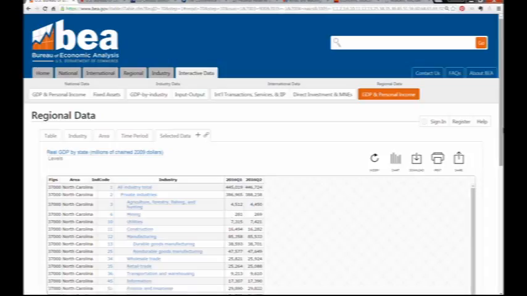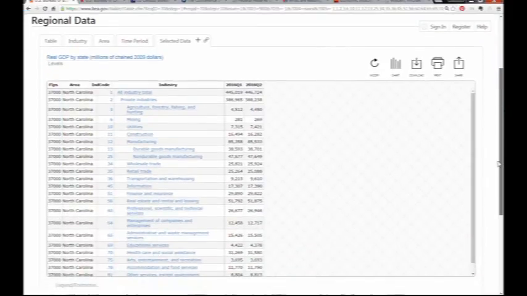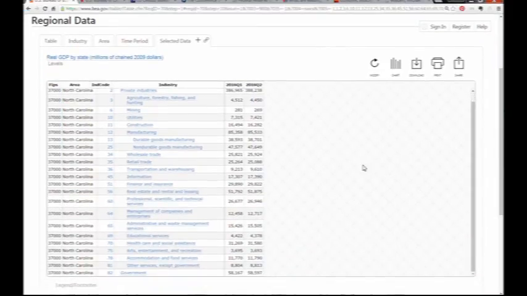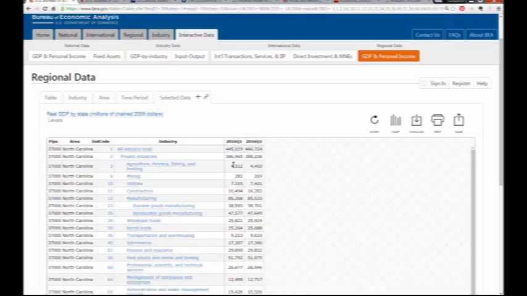There's a little bit of a lag in that they've only gotten to quarter two, but you can see the all industry total, which is about $446 billion. The total annual GDP of the state of North Carolina is just around $446.7 billion.